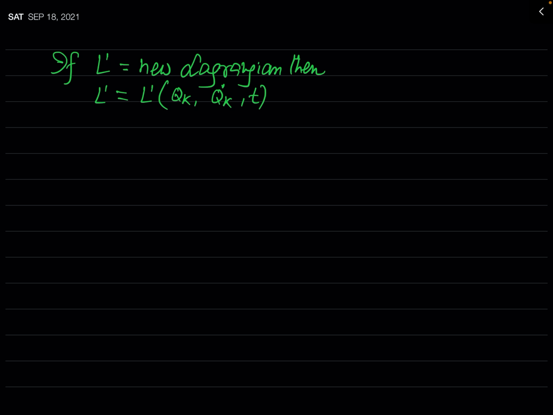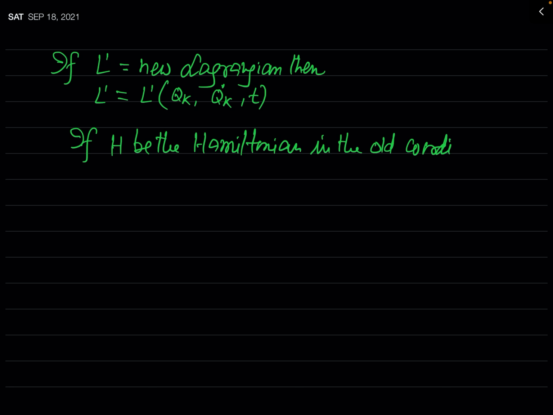So if H be the Hamiltonian in the old coordinate system, then you know that this H is defined like this: H equal to summation over k of Pk Qk dot minus L. You know it.